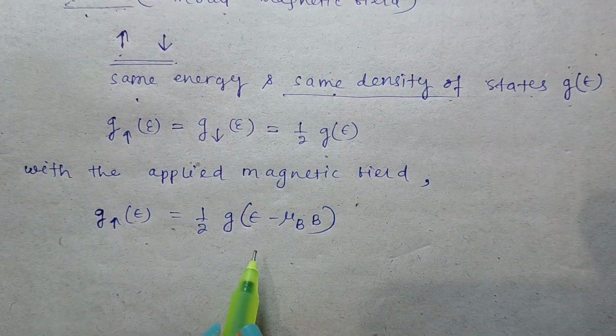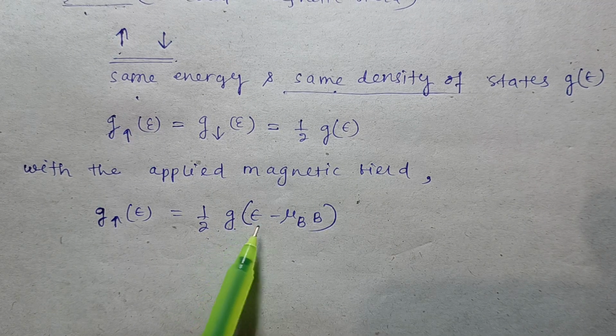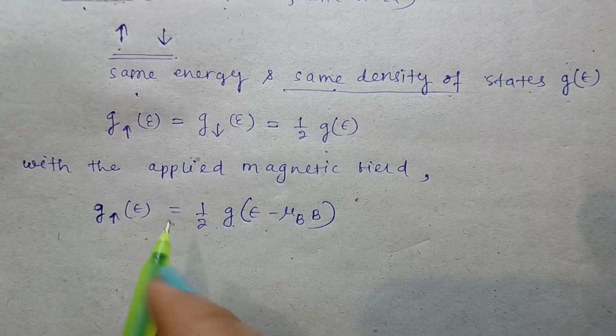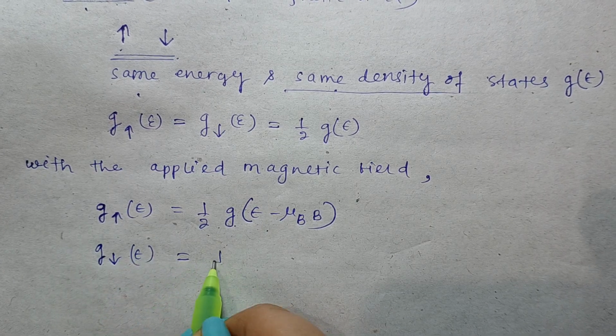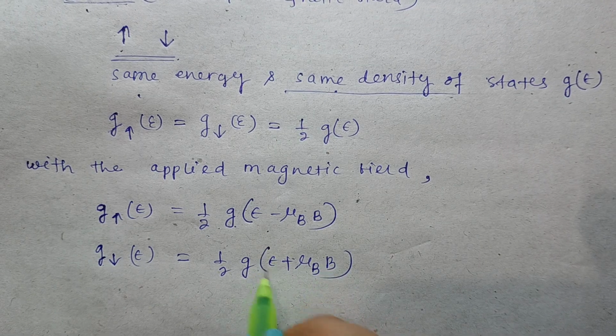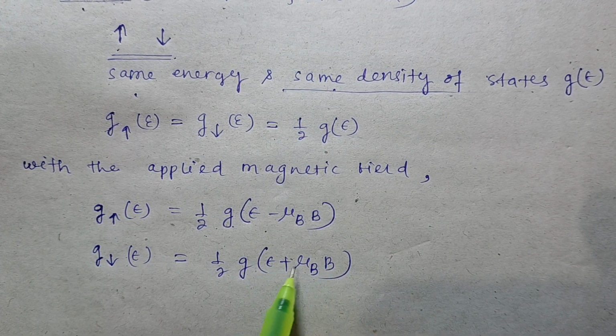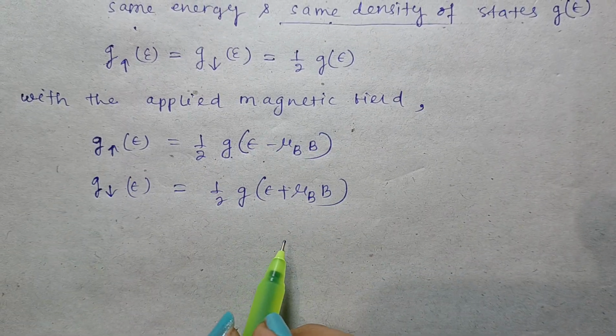This is the density of states for electron spin parallel to the field. Similarly, for down spin it will be half G(E plus mu B). In this case, it is the density for electron spin anti-parallel to the field.